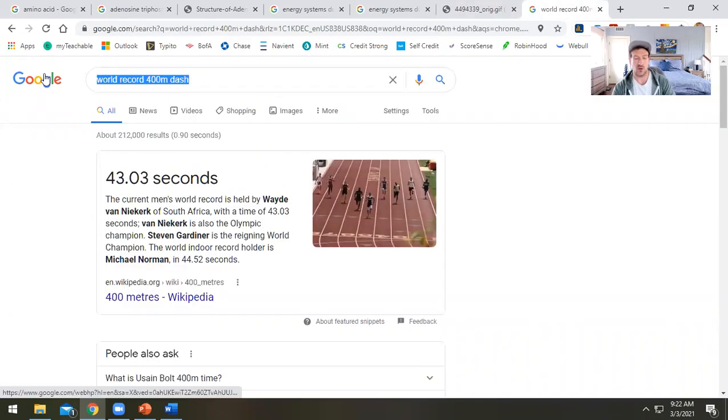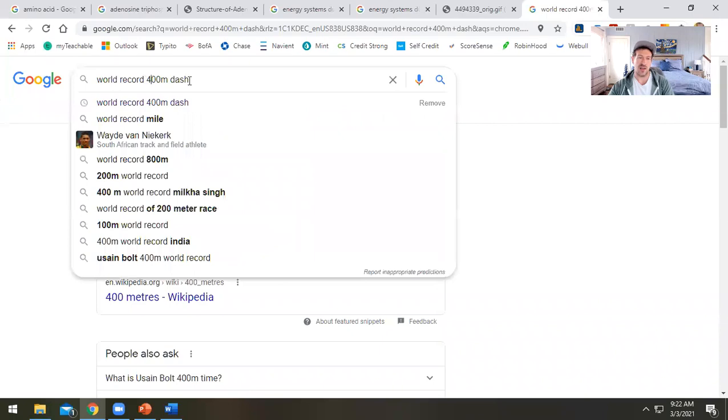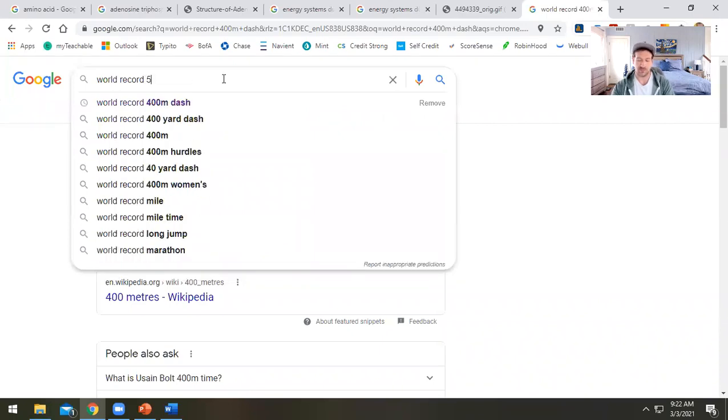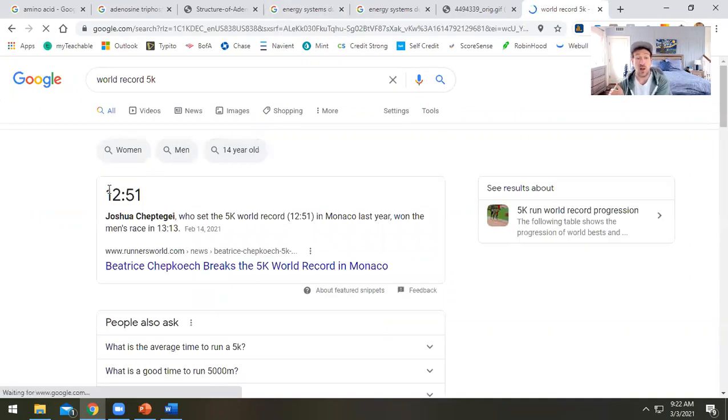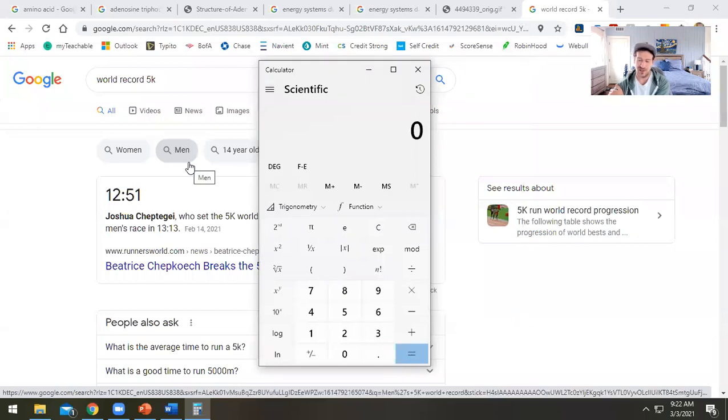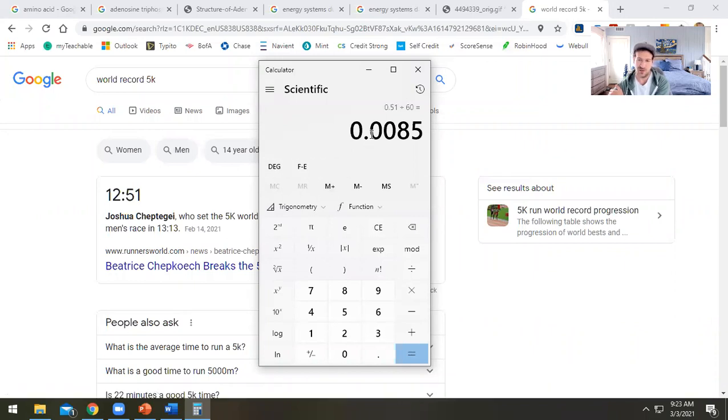Now let's look at what the world record is for the 5K, which is 12 minutes and 51 seconds. So that is 3.1 miles in just under 13 minutes. Let's see here, 51 divided by 60.